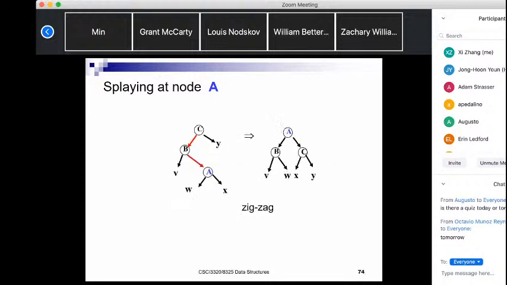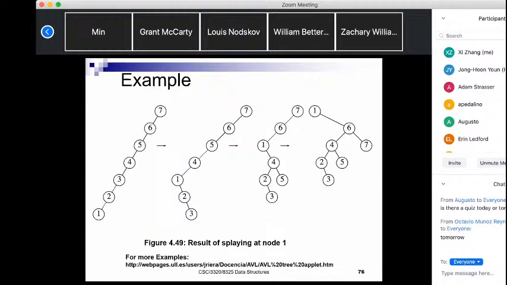For example, on the left side of the slide, you will see a linear binary search tree. 7 is the largest element. Every element will be less than 7, so we keep adding 7, adding 6, adding 5, 4, 3, 2, 1. If you add in that order, this is the binary search tree you eventually have. And this one will result after splaying.